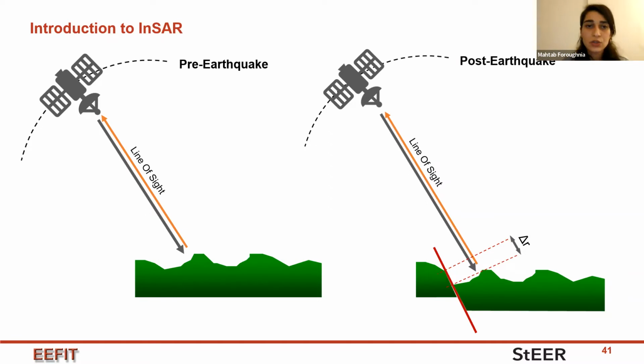So with having two radar images of the same area at different times, we are able to measure the component of surface displacement along the line of sight direction from the phase difference, or let's say from the distance shift between the two signals before and after the event. Next.